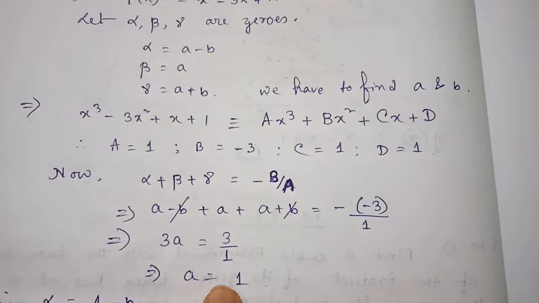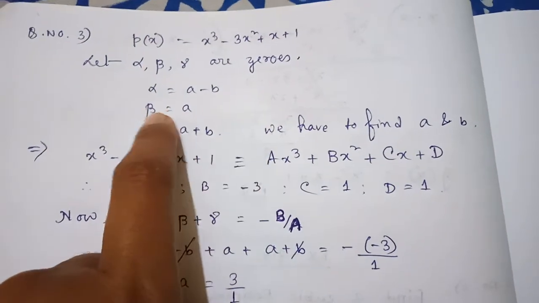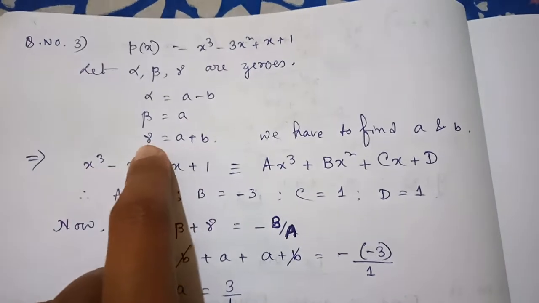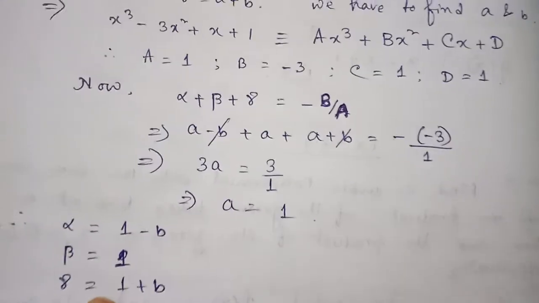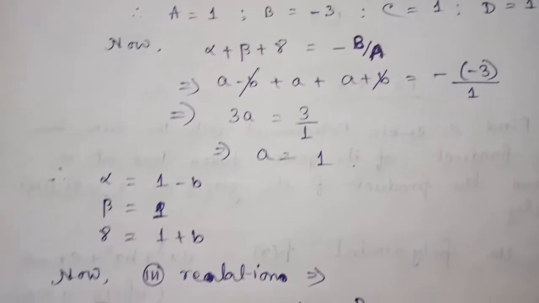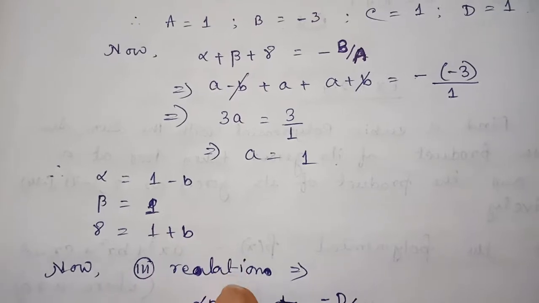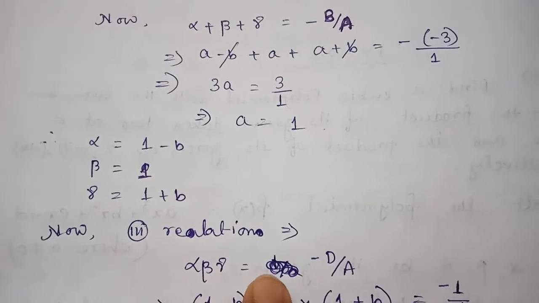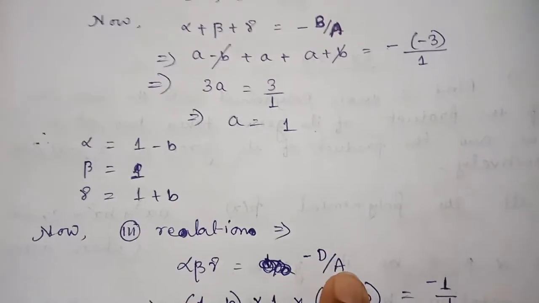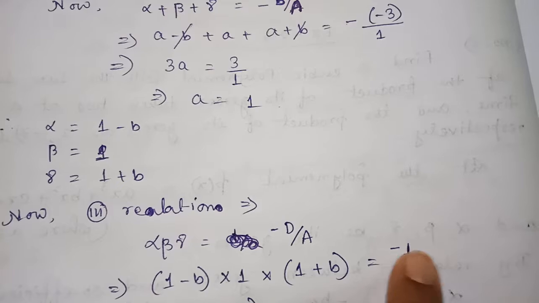Now once we have a's value as 1, we get alpha equals 1 minus b, beta equals 1 and gamma equals 1 plus b. Now the third relation: the product of the 3 zeros alpha, beta, gamma will be minus D by A. D's value is 1, so it is minus 1 by 1.